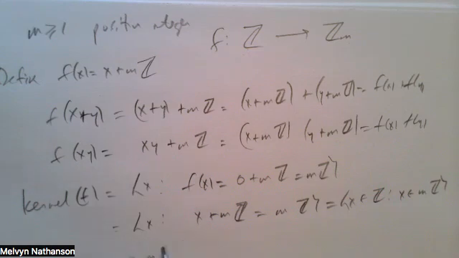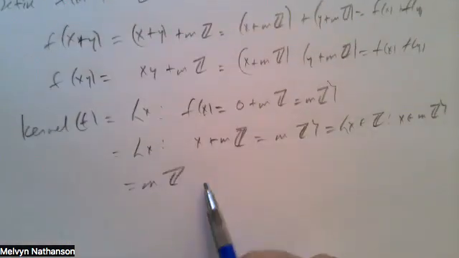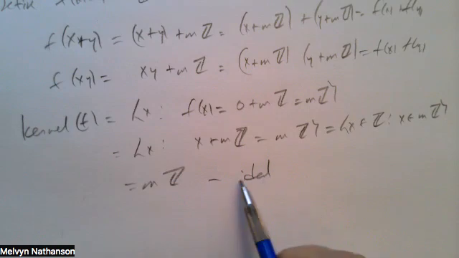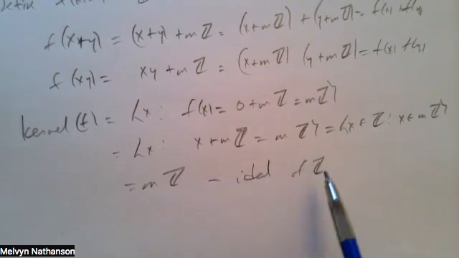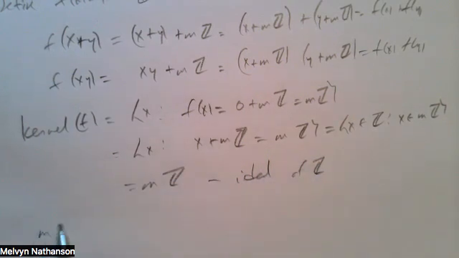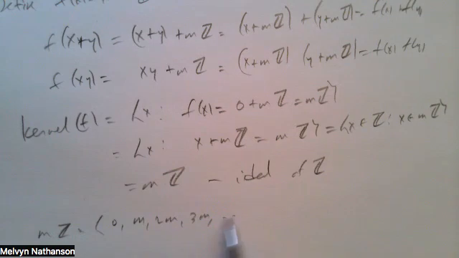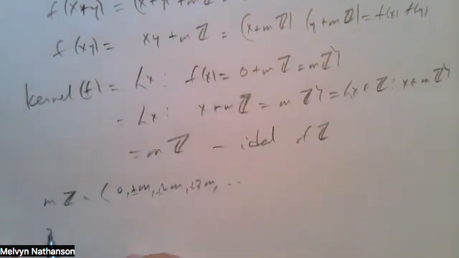That is, it's just mZ. So this is an ideal of the ring Z. mZ just means all multiples of m: 0, m, 2m, 3m, and plus or minus all these. For example, 2Z is just the even integers.